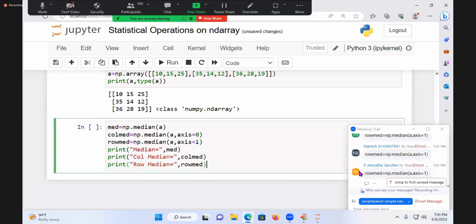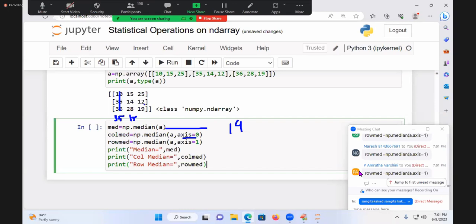If you follow me, you recognize the first value as 19. Take the column data. What is the median here? By default it is coming: the first value is 35. Next, 15, 14, 28: the median is 15, because these elements are sorted around.